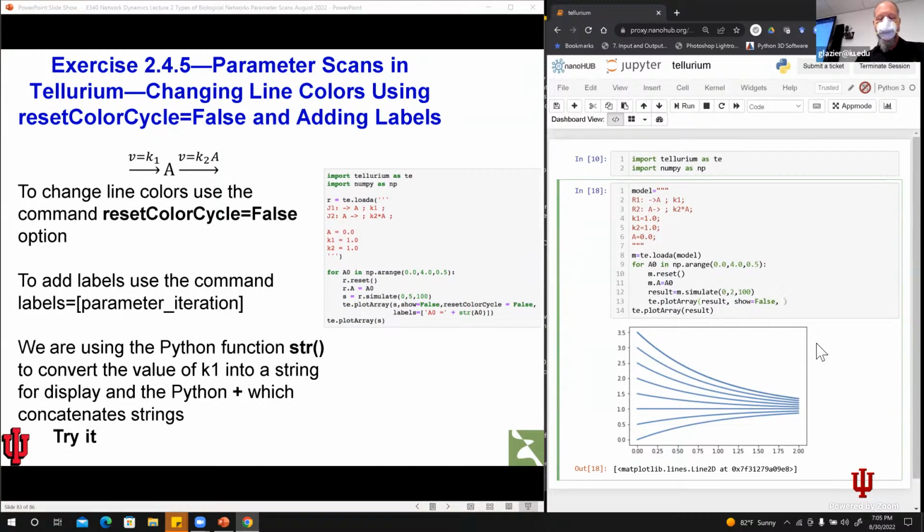As an option, reset, and everything is camel case, color cycle, and why is it by default true rather than false? Who knows? False. Try that. What does it do? Now they're all different things.